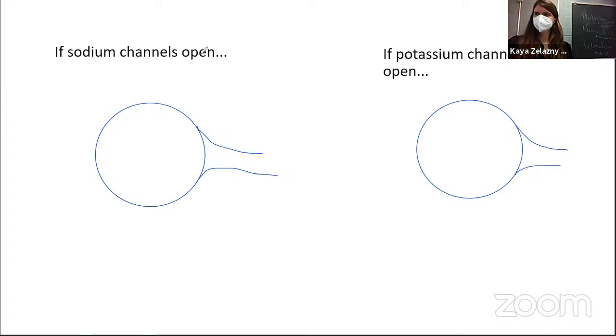In this first example, let's imagine we had a ligand-gated sodium channel. We have a signal come in that opens this channel.